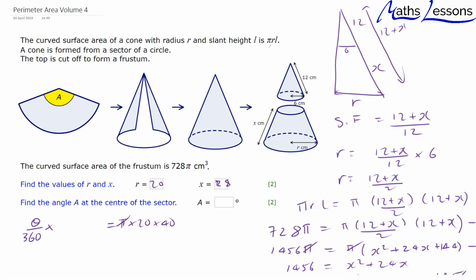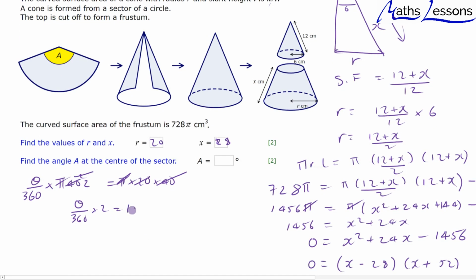Let's just write this in, and it's pi r squared, so it's pi times 40 squared. So I'm going to cancel one of my squares out with the 40 there, and then I can cancel 20 out with 40 to leave me just 2 there. Cancel out my pi's, so I've got theta over 360 times 2 equals 1.